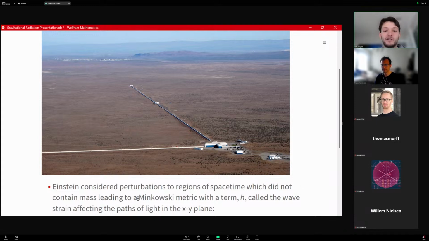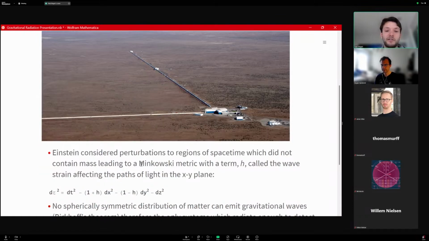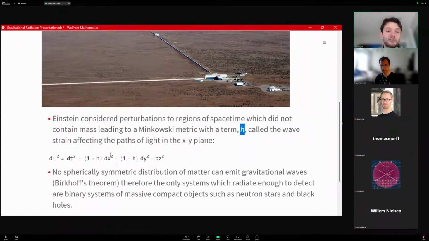Those spaces have a Minkowski metric, and the perturbation that he added to this metric is a term which we're going to call H, which is also referred to as the wave strain. And so he came up with this general form of the metric.